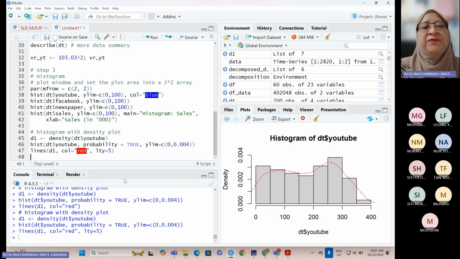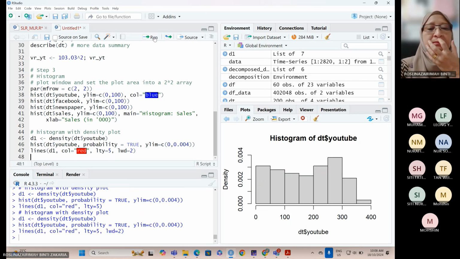Number 5, LTY equal to 5, gives a dotted line, a dash, dash, dash line. And you can even make it thicker, LWD, line width. Maybe 2, see what happens. So it becomes thicker, clearer.